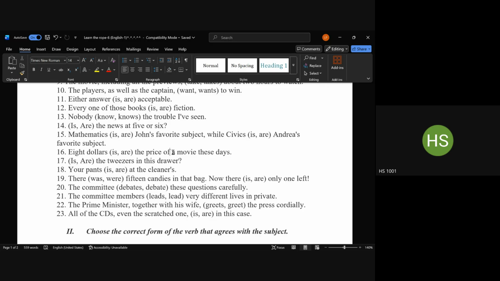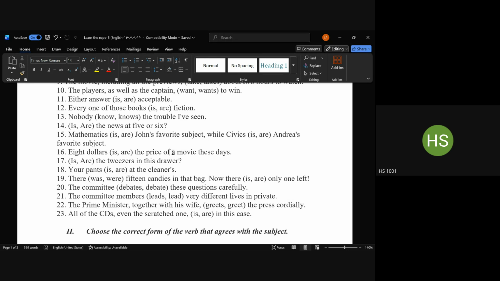But that's not the case with the 19th one, right? There were 15 candies in that bag. You cannot say there is 15 candies in that bag. You have to say there are 15 candies. There we are talking about 15 separate independent units as opposed to $8, which together is a singular unit. See the difference? Even though there is a countability factor in terms of number, both of them behave separately.